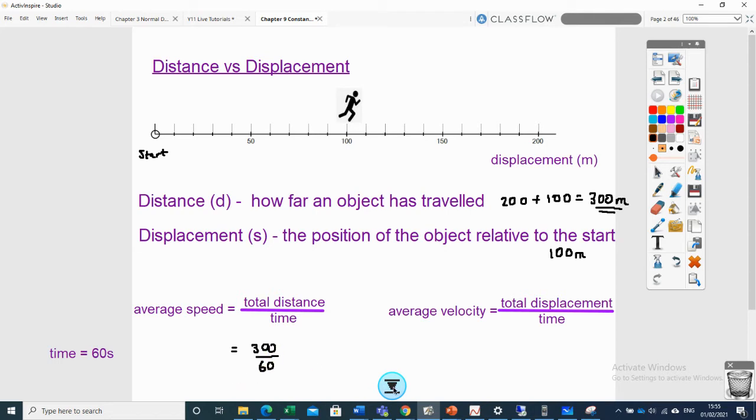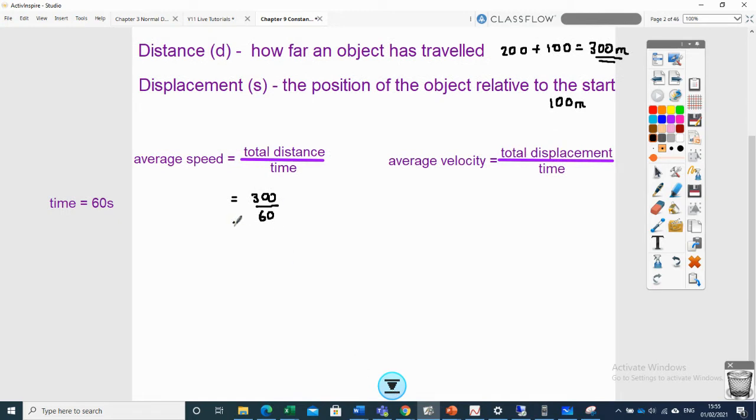So his average speed is equal to 300 divided by 60, which would be 5 meters per second. We don't normally write it like that. That looks a little bit messy, so you might have seen this before, 5 meters / second. However, in mechanics, we use this terminology, 5 m s^-1. The s^-1 comes from this because s is on the bottom of the fraction, that is to the power of -1.